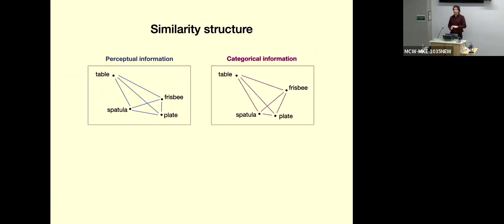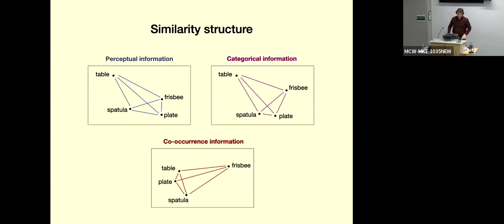Now, if you're using categories to make that determination, plate and spatula are more similar to each other. They're both kitchen items, and frisbee is more different, and table is the most distant. And if you're using word co-occurrence information, then table and plate are more closely associated, more similar to each other, and spatula and frisbee are the least associated. So depending on which kind of information the brain uses to determine the similarity structure of words, there's a slightly different pattern of similarity you would expect.